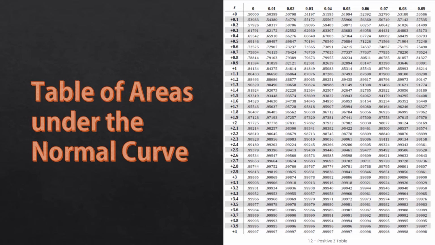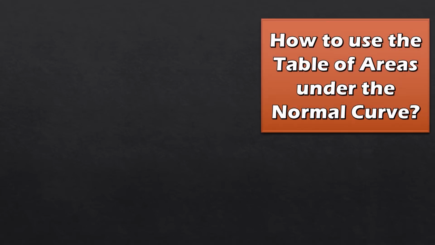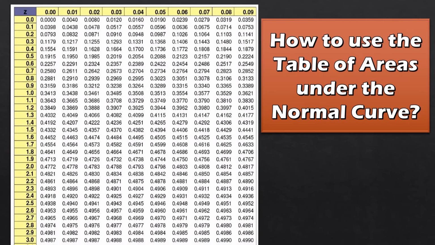So we have here the positive z-table, positive z-values, and the values at the intersections of the z are our areas. That's why this is called the table of areas under the normal curve. And the question is, how are we going to use this table to get the probability? So let's have the z-table.